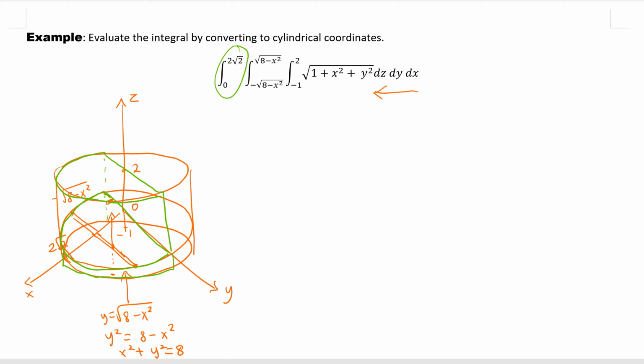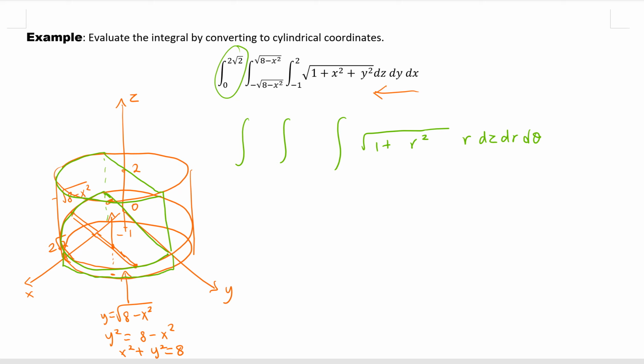Okay, so when we set it up, we know our volume differential is r dz dr d theta. And then 1 plus x squared plus y squared, we need to convert to cylindrical coordinates. x squared plus y squared is r squared.